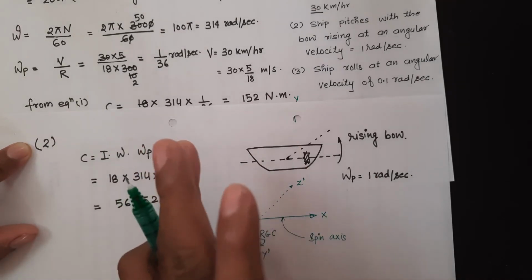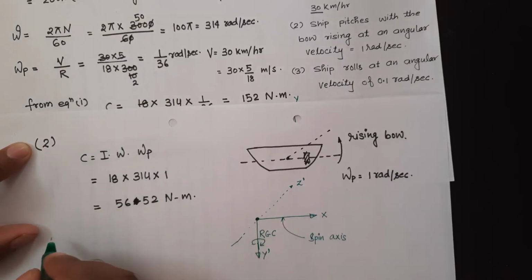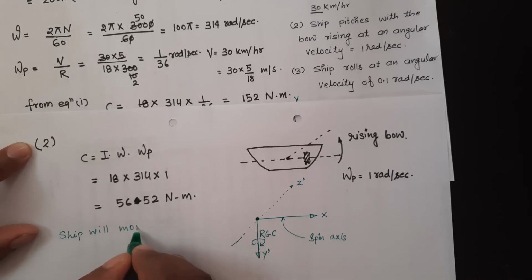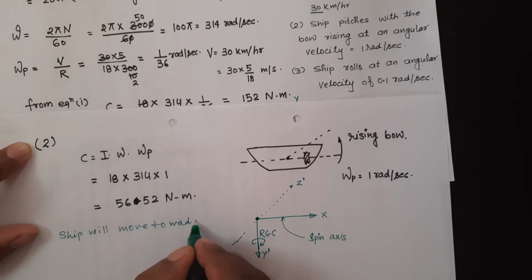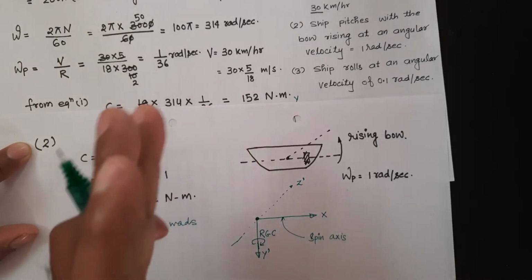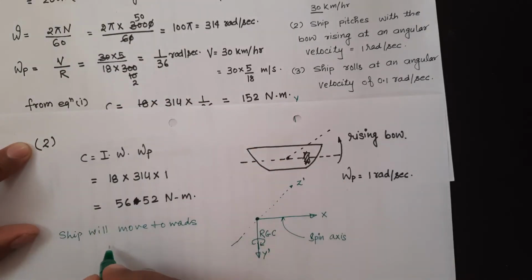So clockwise means the ship will move towards the starboard side. Looking from the top, the sense is clockwise, that means it will move towards the starboard side.